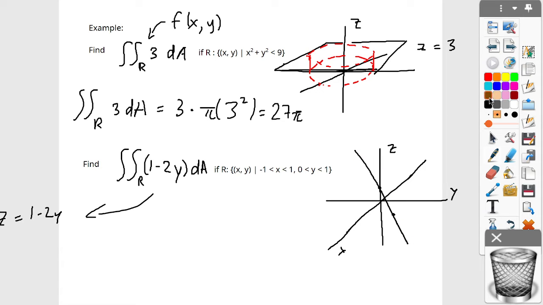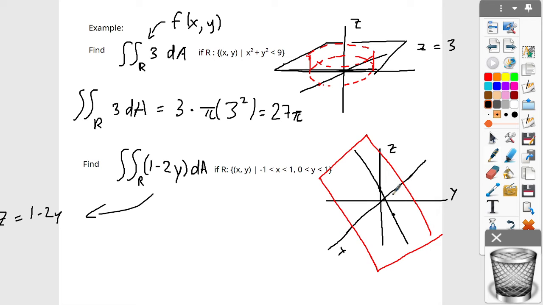And since it's a cylinder, well, this is basically a plane because it's linear, but I'm calling it a cylinder because it has 2 variables only. It doesn't have a third variable, so it doesn't depend on x. So what we end up with is a plane like this. And I'm saying that we could do this conceptually. How can we do this conceptually?